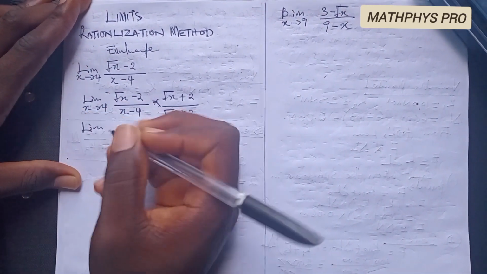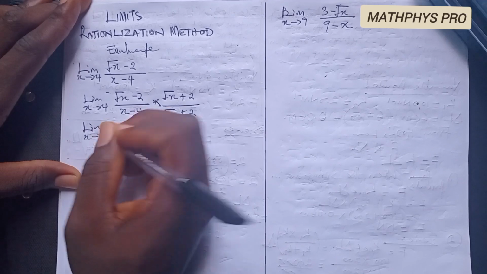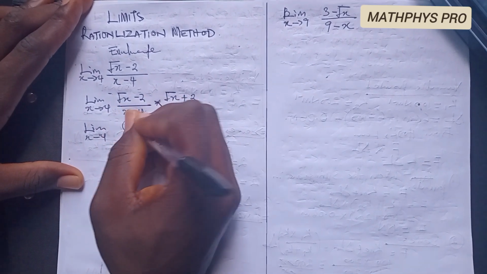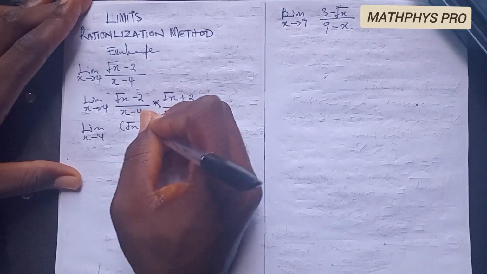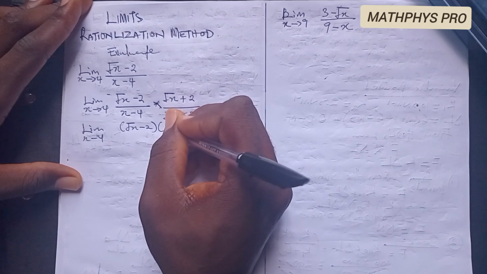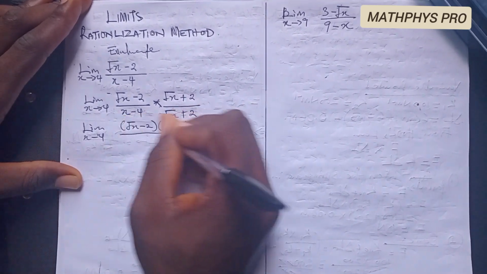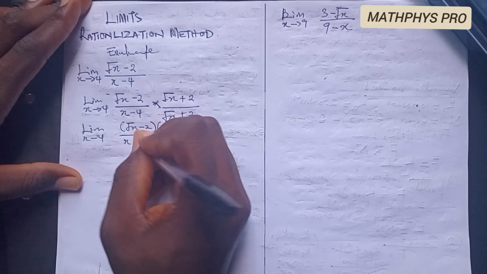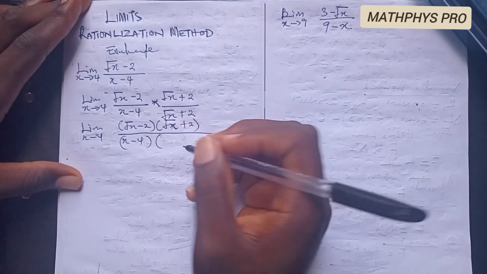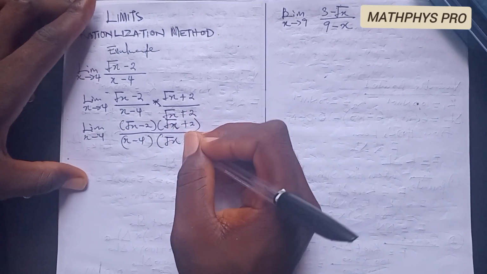So we'll say the limit as x approaches 4 of (root x minus 2) times (root x plus 2), divided by (x minus 4) times (root x plus 2).